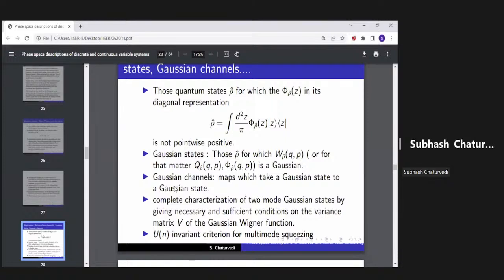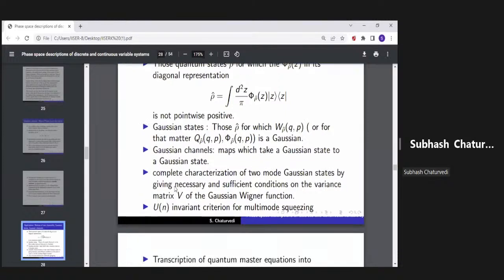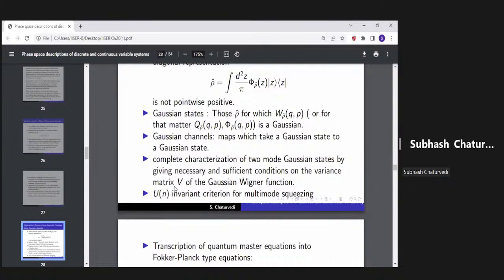It has led to the definition of an invariant criterion for multimode squeezing, non-classical properties, characterization of various kinds of non-classicalities.